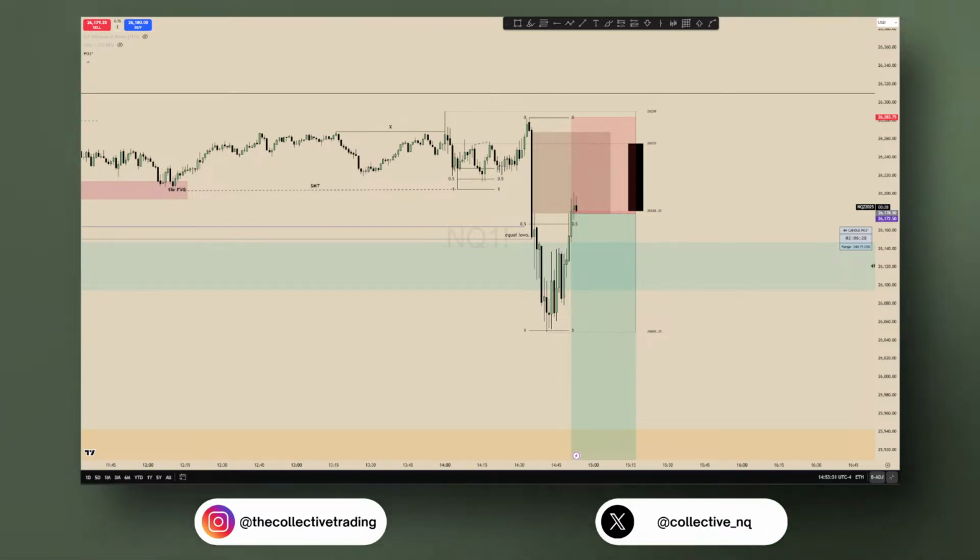Yeah, that would be a nice inversion. All right, 10 seconds till this candle closes on the 2-minute.